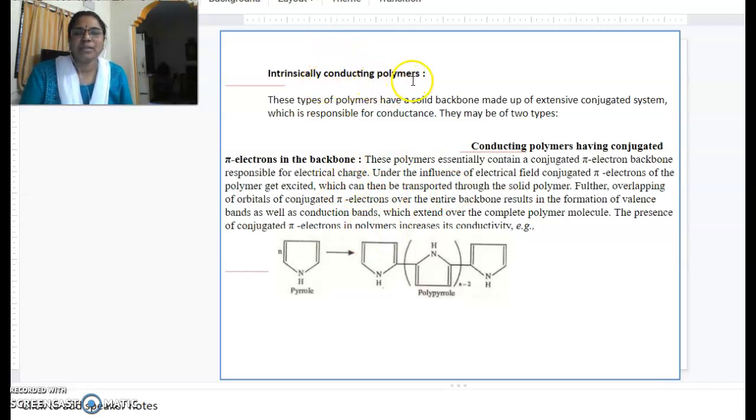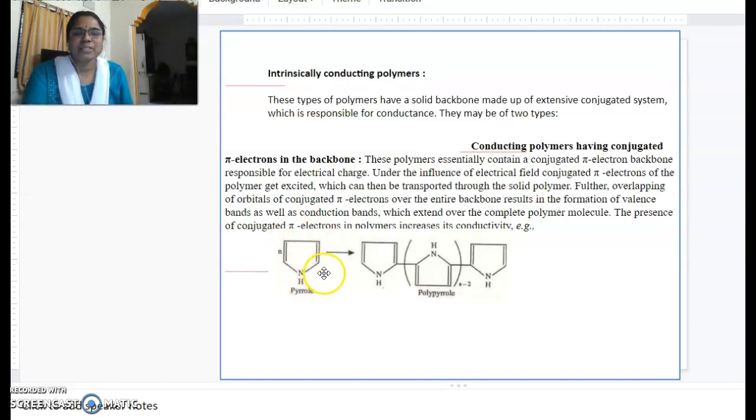Intrinsically conducting polymers, right? Simply, I can explain by taking a small example. Pyrrole is there, or will you call it pyrrole? It's up to your pronunciation. It consists of two alternating double bonds. NH, of course, nitrogen also contains a lone pair of electrons. So what will happen in this conjugation?